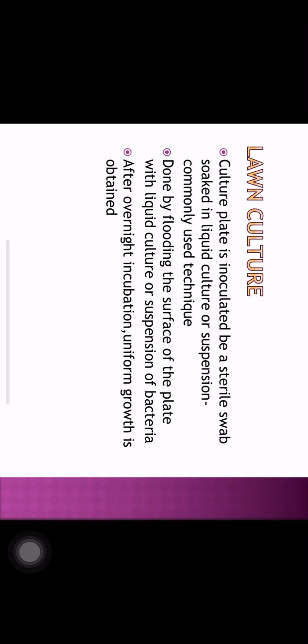And there is another method in which we can do continuous streaking on the medium 3 times at 60 degrees angles, and 3 times continuous streaking over the entire medium at 60 degrees angle will lead to the entire surface being covered by the microbe. So that way also we can create a lawn culture, and even by pouring the liquid we can do a lawn culture. It can be used for bacteriophage typing also.